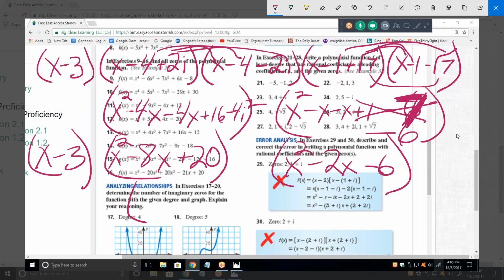Begin. So x to the 4th minus 2x to the third minus 6x squared minus 8x squared. This time I don't have room underneath.